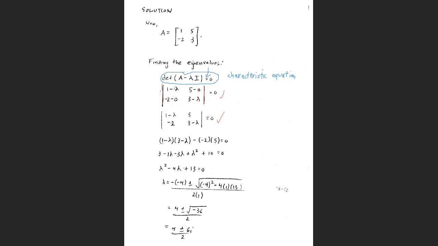The determinant of a 2 by 2, you know how to do: you take the one product and subtract the other product. And then you gather up terms. So hopefully we're good up to here.